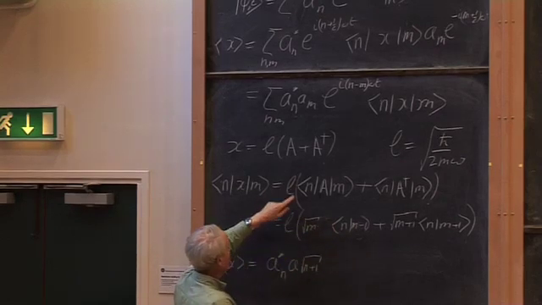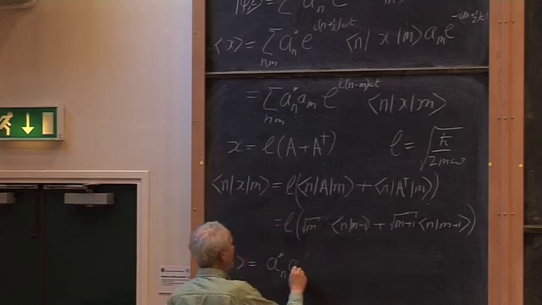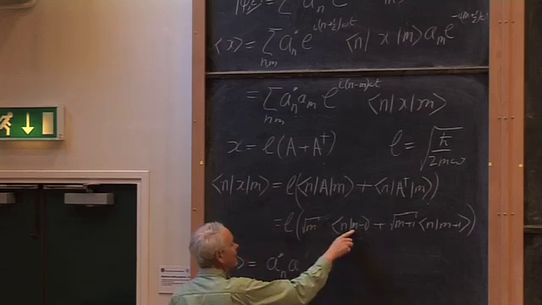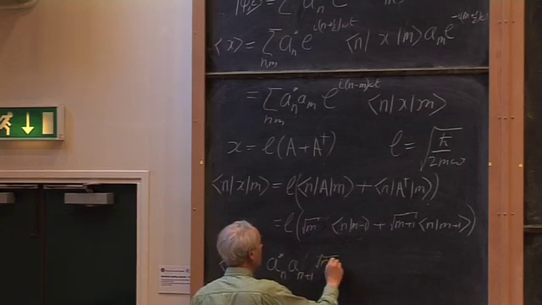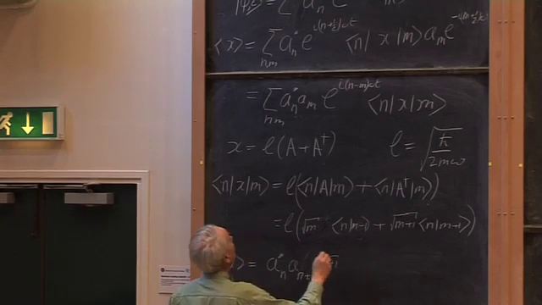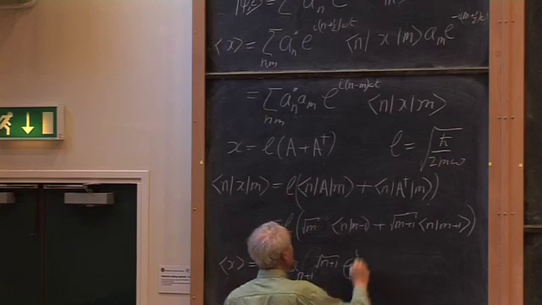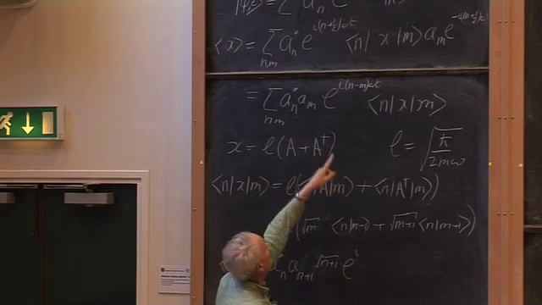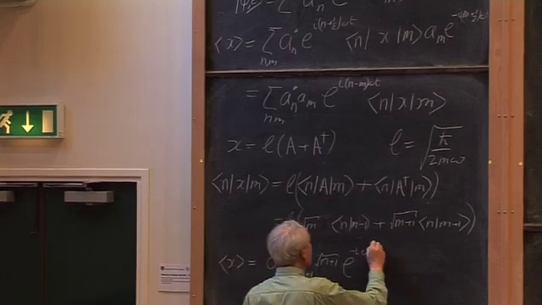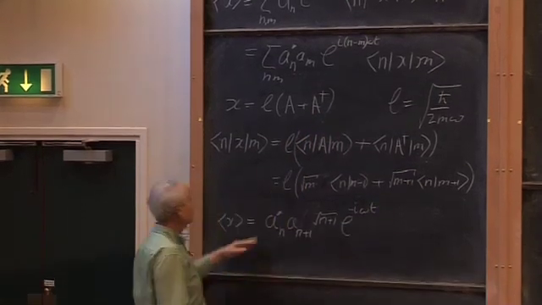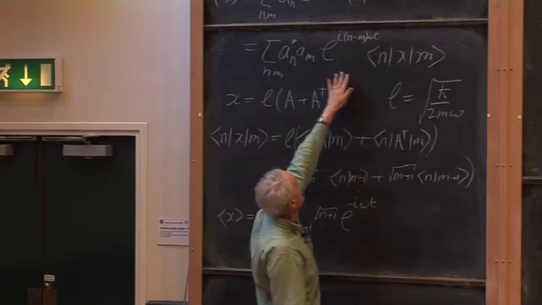And everywhere where I see an m, I'm going to have to write an n plus 1. E to the I. And now, in this case, we've agreed that m is 1 bigger than n, so this is going to be e to the minus I omega t. So that's what we're going to get from this term.